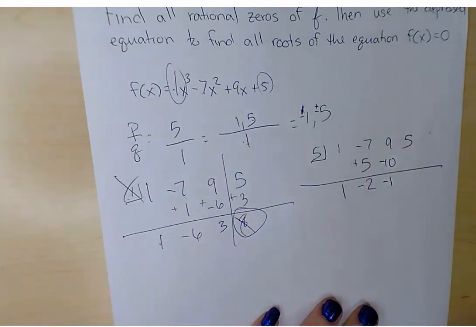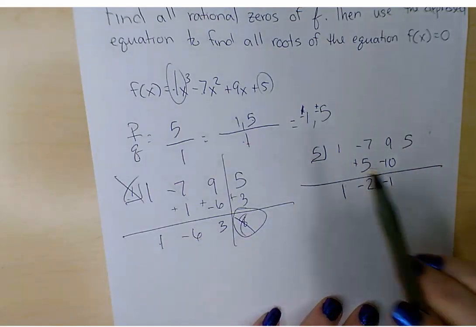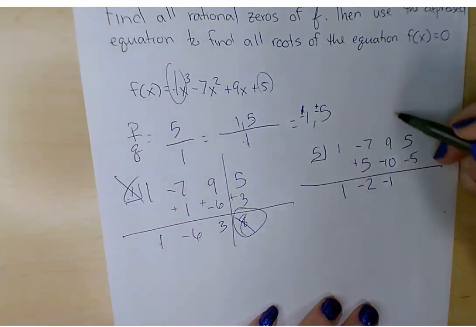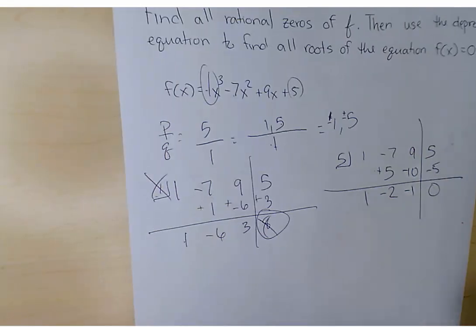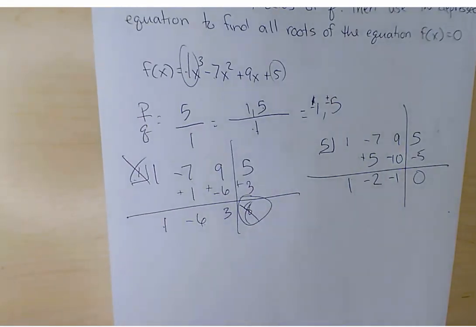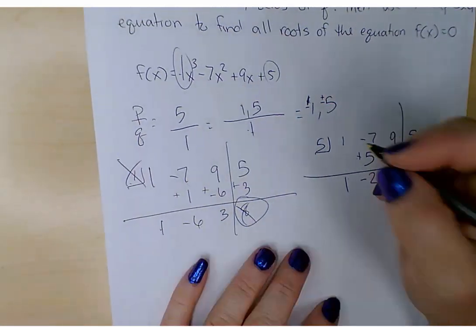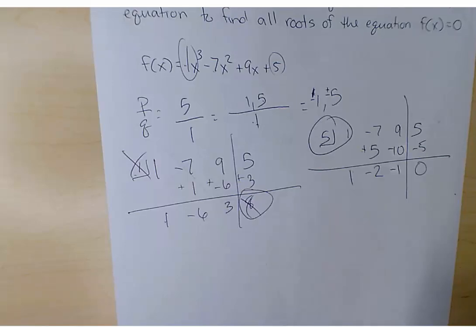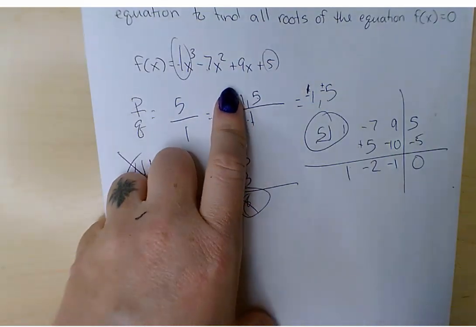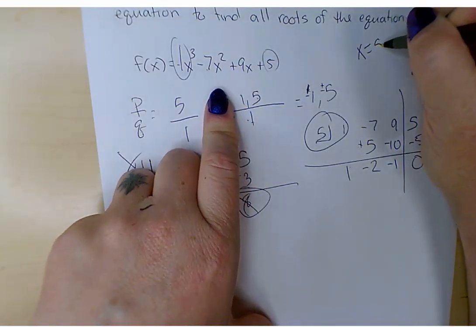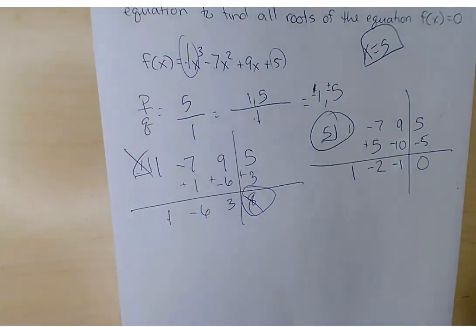When we add here, we get a negative 1. Negative 1 times 5 is a negative 5. And when we add this column, we get a 0. That is exactly what we are looking for. The fact that we get a 0 tells us that 5 is a root. It is a solution to this function. So x does equal 5. That is our first solution.